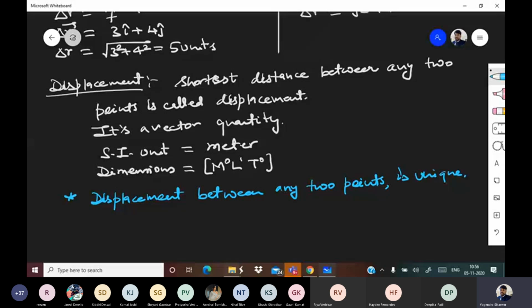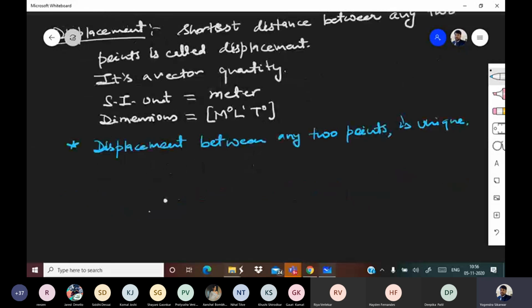Now, what do you mean by displacement between any 2 points is unique? Try to understand. Suppose you are starting from point A and you are going to point B. You can go from A to B on this path, or on this path, or on this path also. If you are going from A to B, there can be numerous paths.